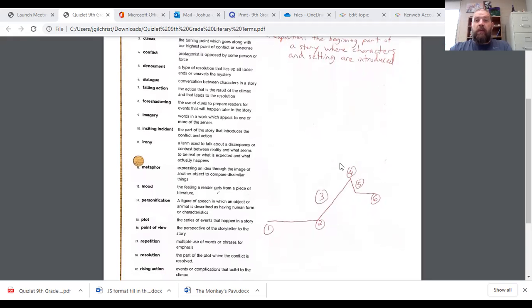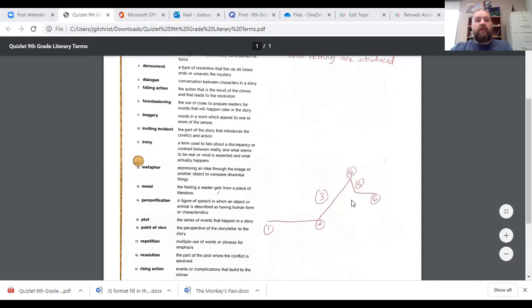Those are climaxes. Finding out what release means in The Giver. Those are all examples of climax. It's the point of highest emotional involvement and intensity, and it's often the turning point of the story. There's been a conflict, something that you're trying to figure out, and it just builds and builds.